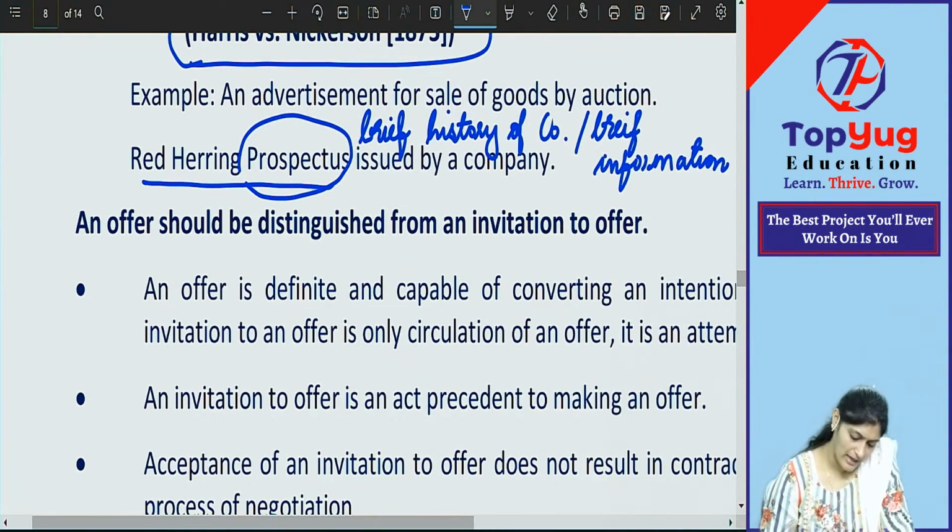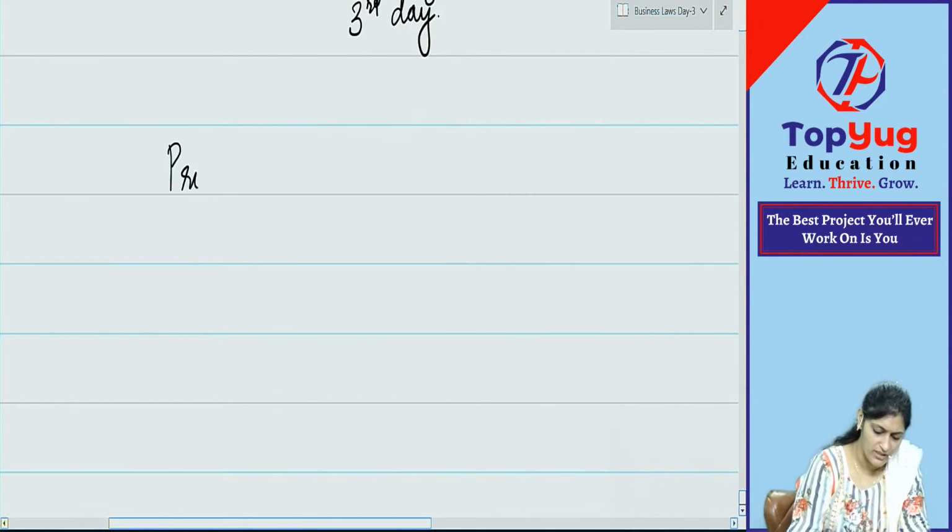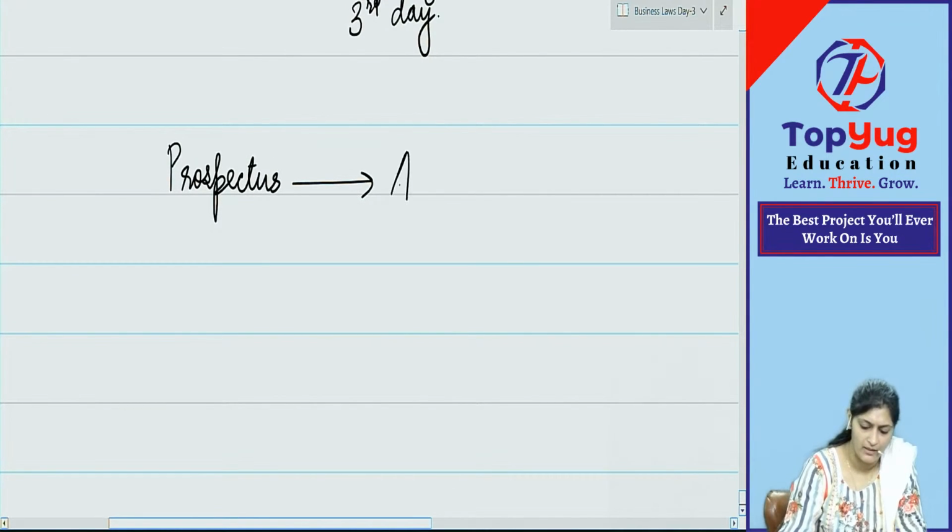Now in this case, what happens? Whatever was done by the company, the prospectus was given by the company. Seeing that prospectus, applications were made by the members.